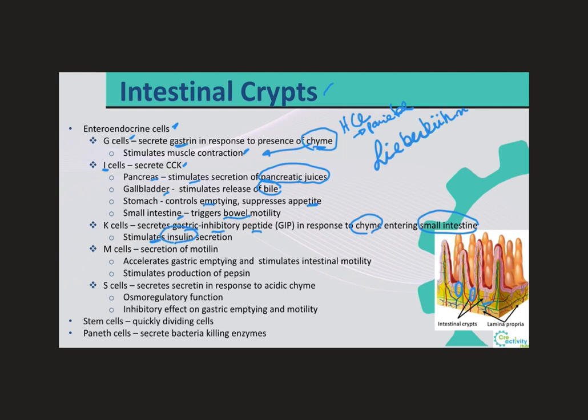Next cell, we have the M cells, which secrete the hormone motilin, which, like the name suggests, will accelerate the gastric emptying and stimulate intestinal peristalsis, and therefore this will help the food to move from your small intestine into your large intestine.